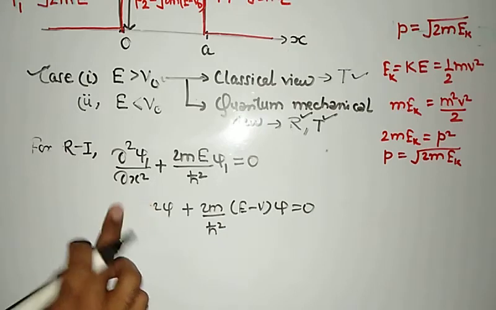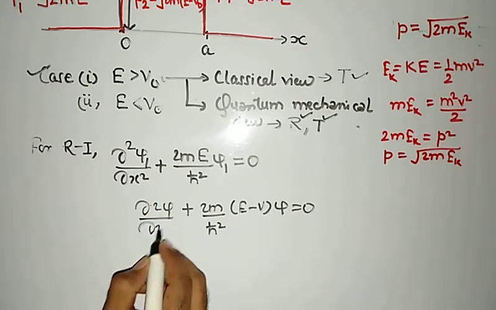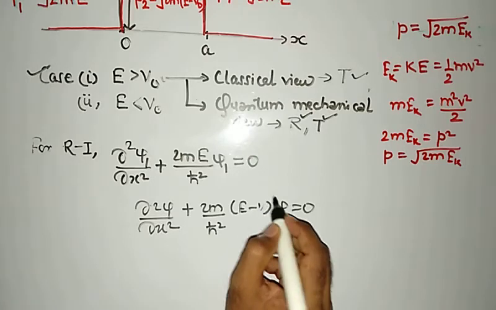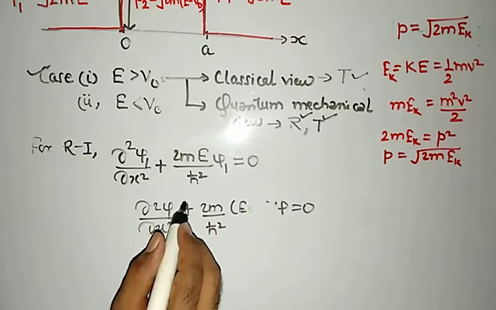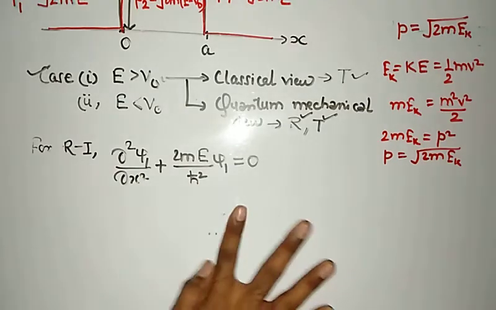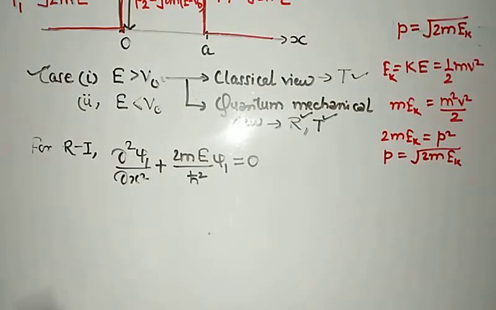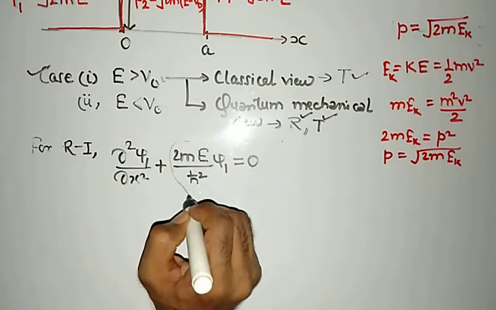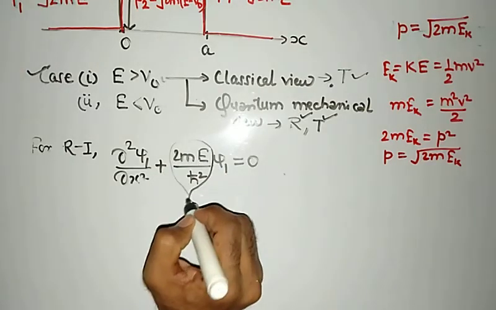For one dimension we write like this, and since in region first V is 0, we use this equation. Now let this be k1.